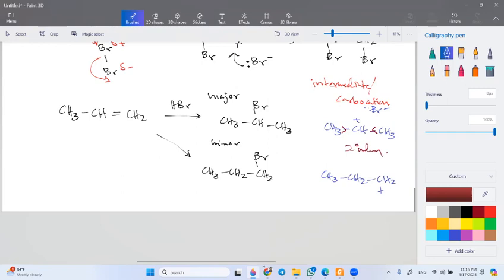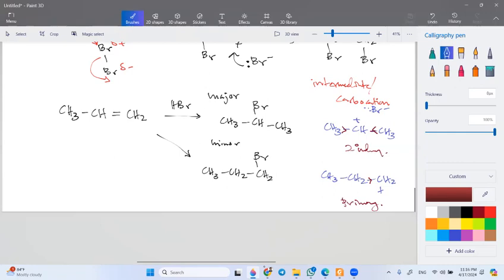But here we have only one alkyl group pushing. That is what we call primary. A secondary carbocation is more stable than a primary because there are two groups pushing. Since the secondary carbocation is more stable than the primary, this would be the major product. The other one would be the minor product.